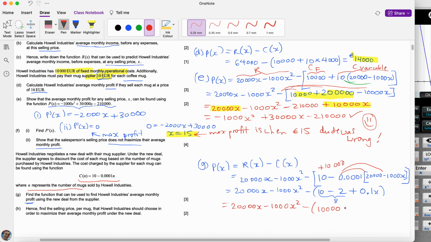This is our total cost. 10,000 plus. Is this right?